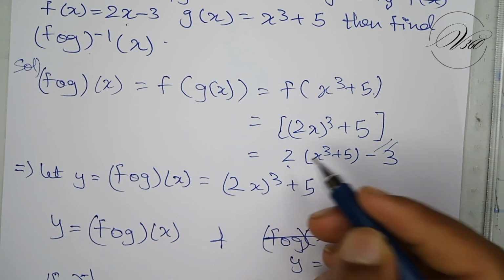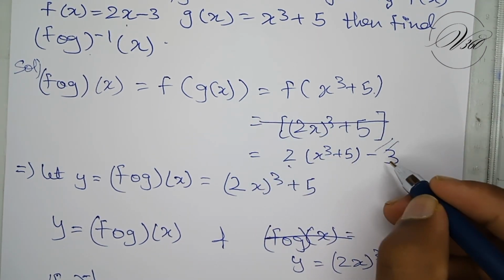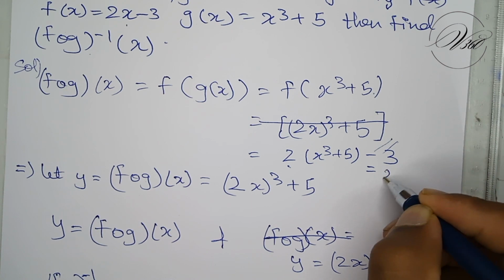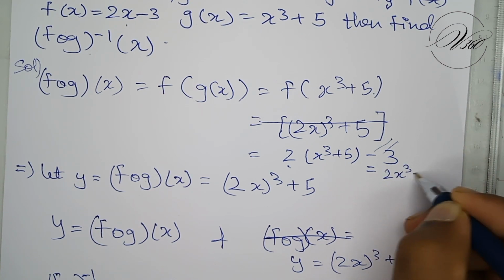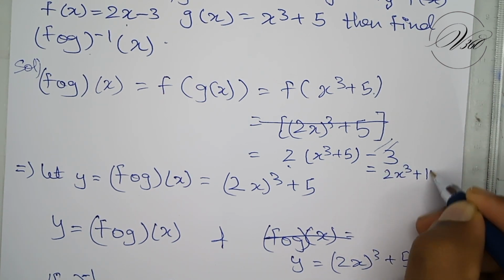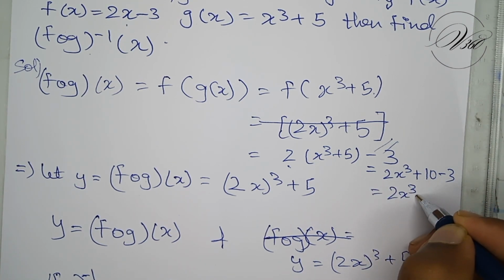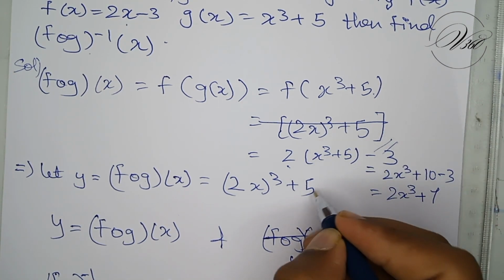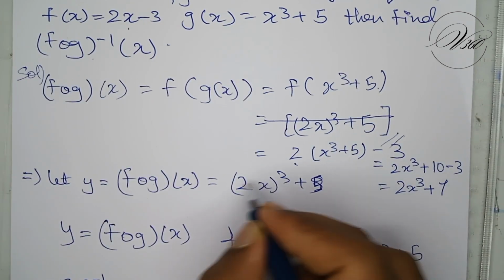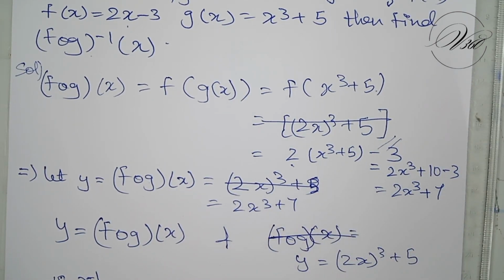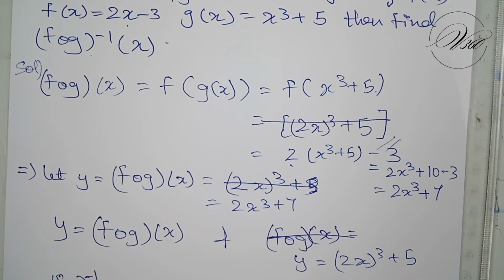Okay, this is the answer. Now we will get the answer, that is 2x cube plus 5 minus 3, that is 2x cube plus 7.